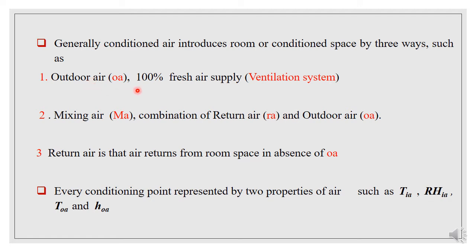Outdoor air is 100% fresh air supply, and mixing air is a combination of the return air and the outdoor air. And we know that the return air is the air returning from the room space, of course without outdoor air.